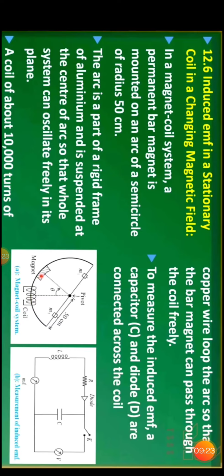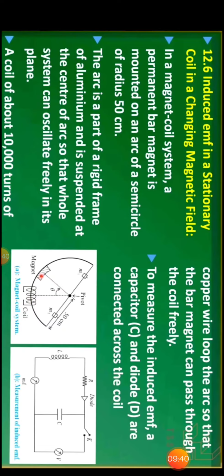A coil of about 10,000 turns of copper wire is looped around the arc so that the bar magnet can pass through the coil freely.